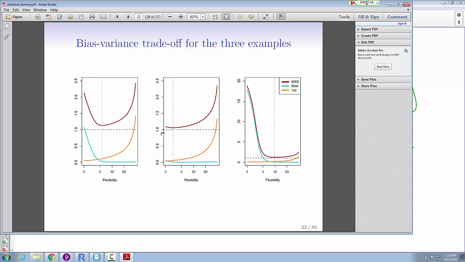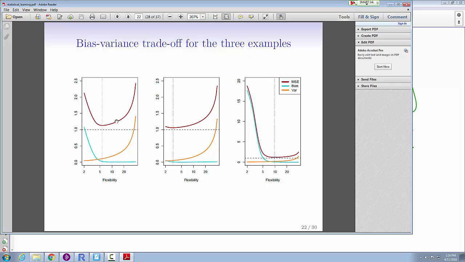This is the same picture from the three examples we just went through, with these quantities added in. So we have bias and variance and mean squared error. As you increase flexibility of your model, the variance increases and the bias decreases.